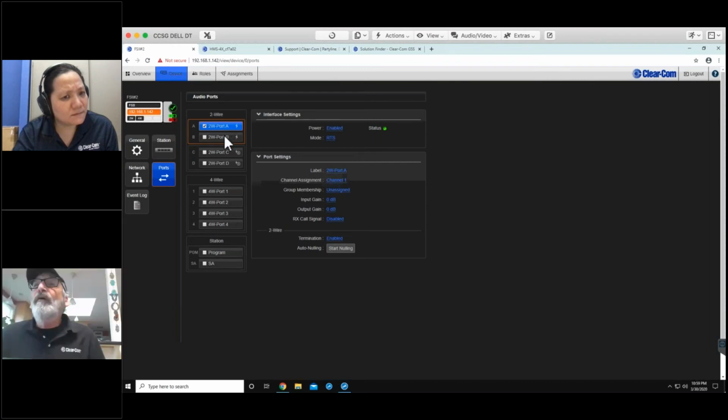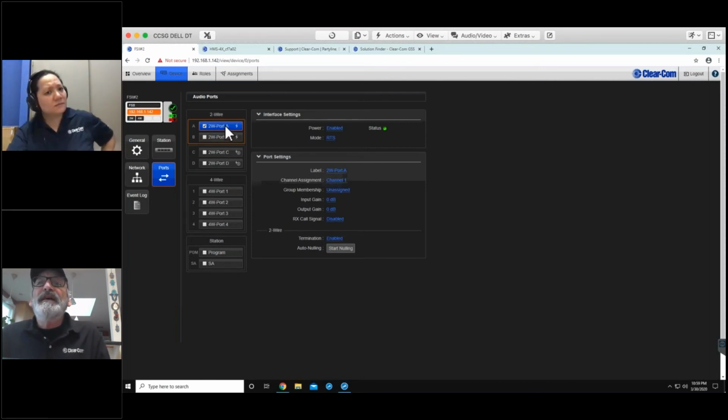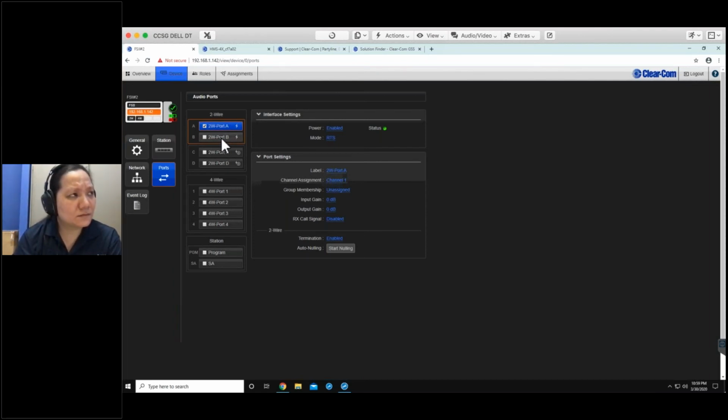Yeah, all that is configured in the assignments page. So yes, you're correct. If you plug an RTS connection on it, it will get the A channel in A and the B channel in B. B is pin 3. That's correct. That's what I thought. Okay, cool. I thought we could plug an RTS belt pack into either of the ports and get both. That's what I remember. Yeah, that's correct.